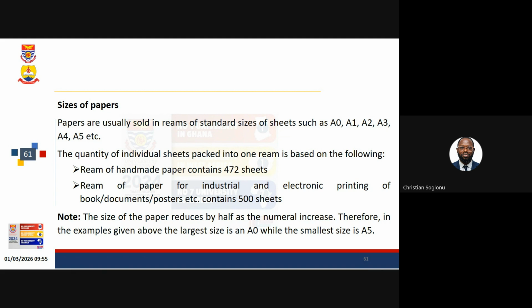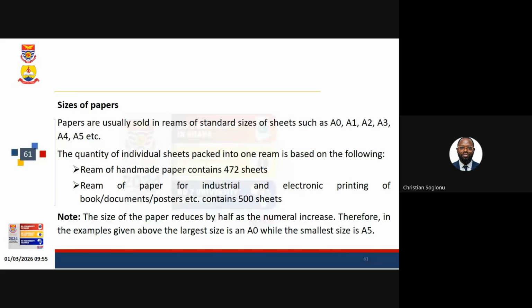So note, the size of the paper reduces by half of the above. The largest size is A0, while the smallest is A5. So with the size here, we can see A0 is the largest. Twice of A1 will be equal to A0.